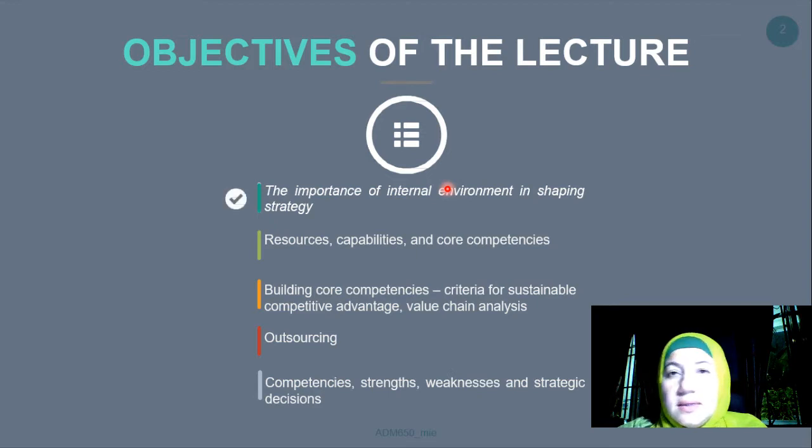And then you will also understand that resources, capabilities, and core competencies are the foundations of competitive advantage. And then in building core competencies, there are tools that you need to know. The tools that will be provided in these lessons are criteria for sustainable competitive advantage and value chain analysis.